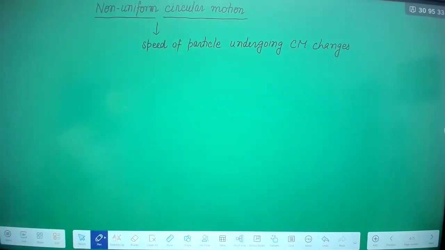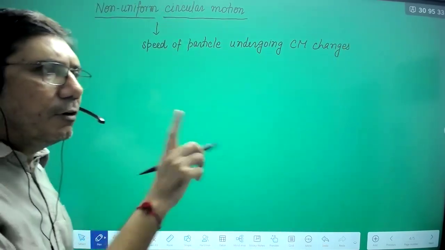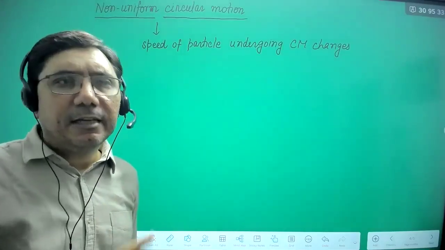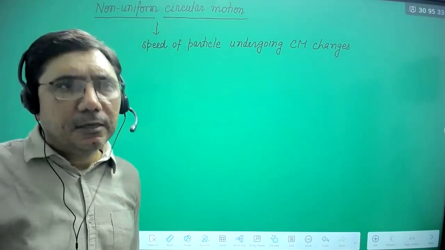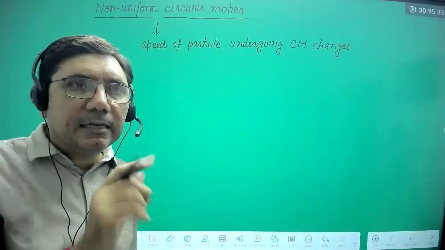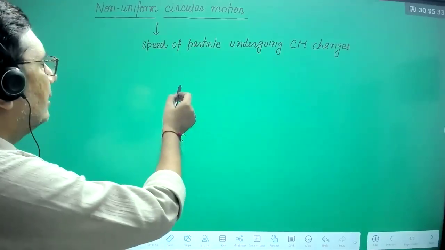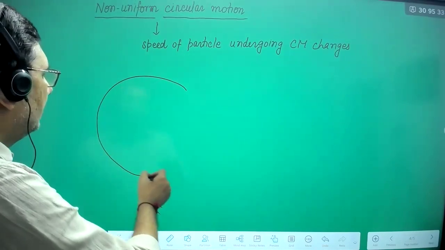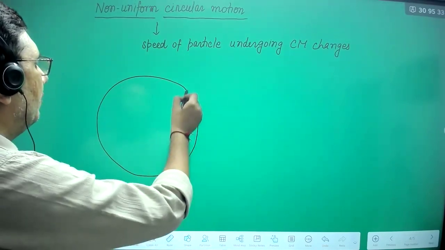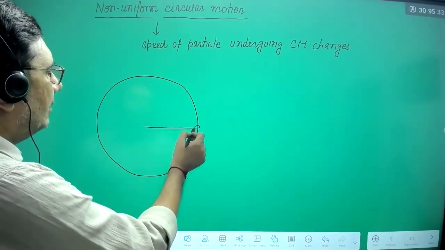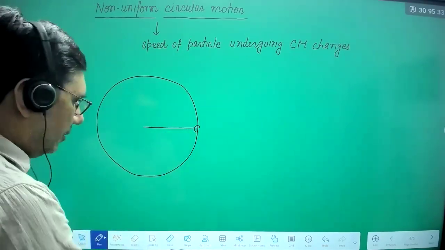Why is it changing? In uniform circular motion, there was only one force. That was centripetal force. In the last case we were discussing uniform circular motion. When the particle was undergoing uniform circular motion, you should be very clear about this.